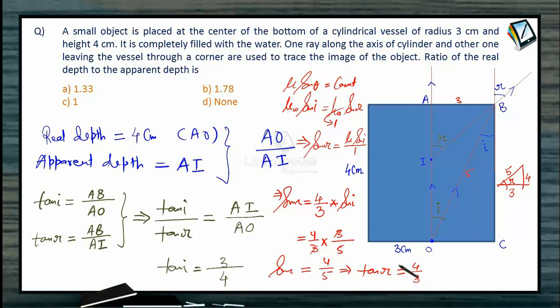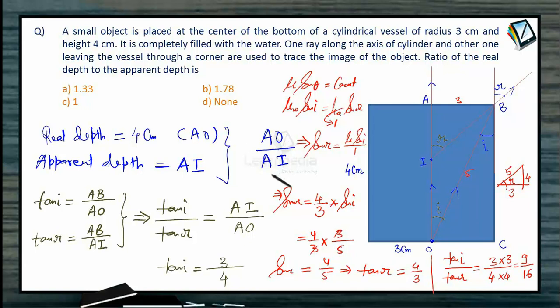So now let us substitute tan I as well as tan R in this expression. Tan I divided by tan R is equal to what? Tan I is 3 divided by 4, divided by tan R, which is 4 divided by 3. So it becomes 9 upon 16.